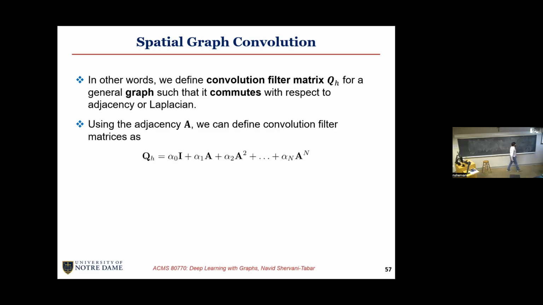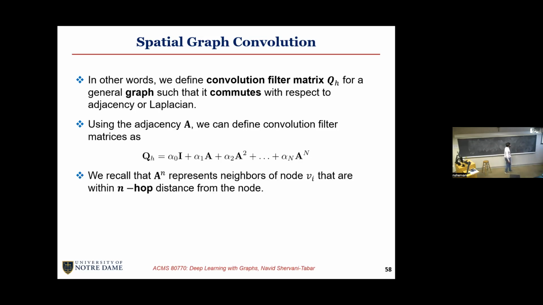So let's say that I write down my QH as a sum of different powers of the adjacency matrix, where the index 0 is just showing A to the 0. And these alphas are the coefficients for expanding this into essentially this form. Now, if you remember, the different powers of the adjacency matrix represent different hop neighborhoods of each node.